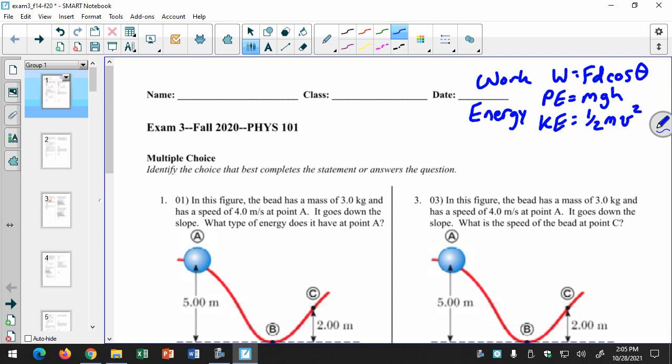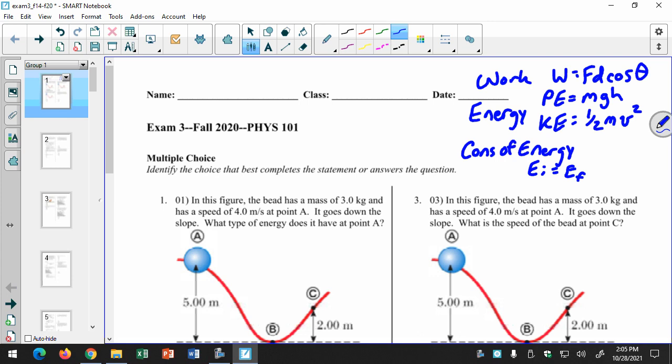And then finally, the other idea is the conservation of energy. The conservation of energy just says that in a system where energy is conserved, that is a system where conservative forces are acting, and conservative forces are simply forces where energy is conserved, the initial energy, E_i, is equal to the final energy.